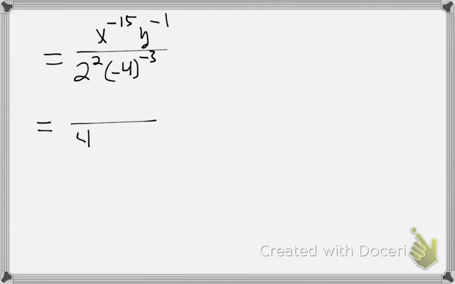Meanwhile, we get negative 4 cubed up top. You guys agree? Meanwhile, we get x to the 15th on bottom. And we get y to the 1st on the bottom. And I don't have to write a power of 1, so I can take that back.